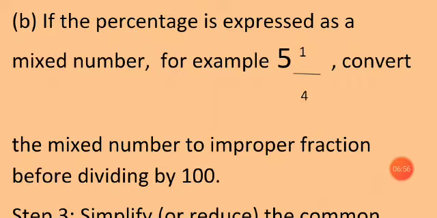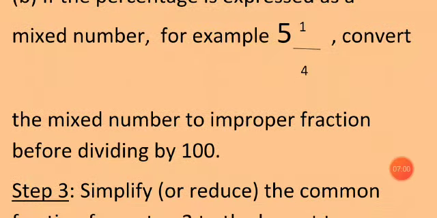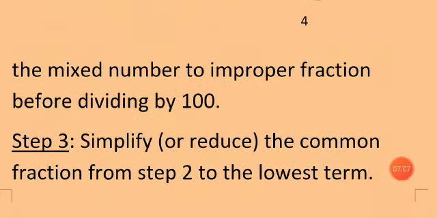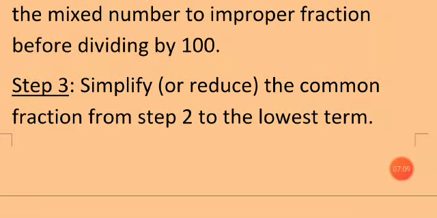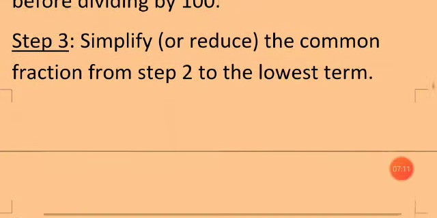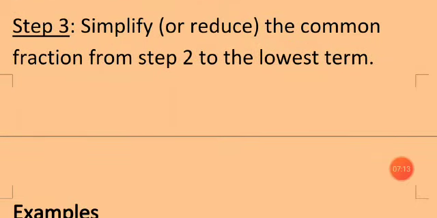That means I have to take 5 whole number 1/4 to improper fraction before dividing it by 100. You will have more light by the time we start solving numeric examples.